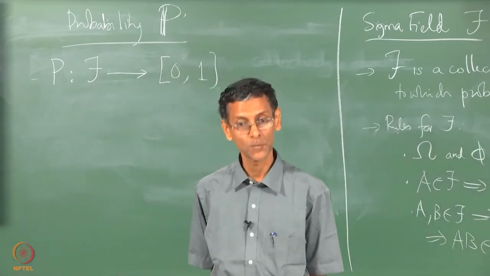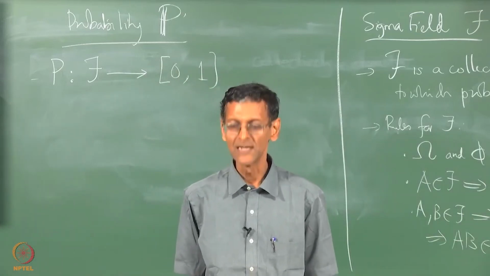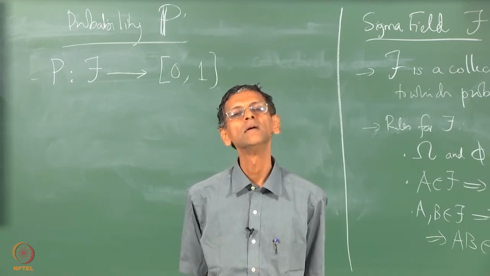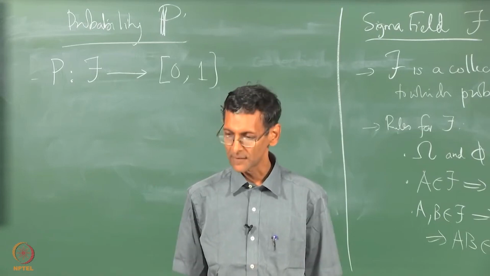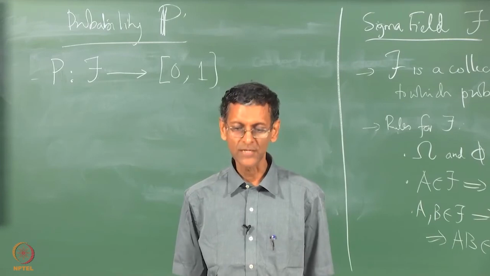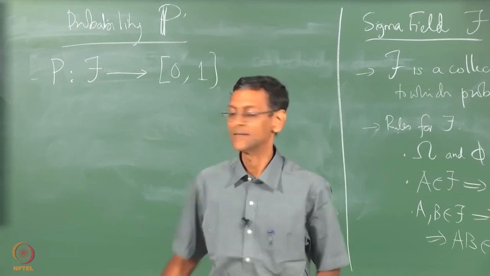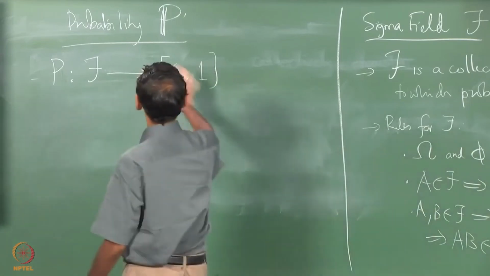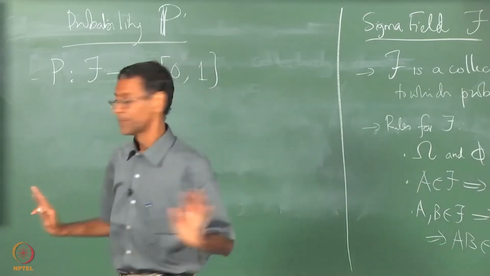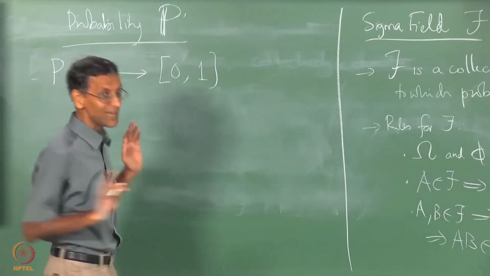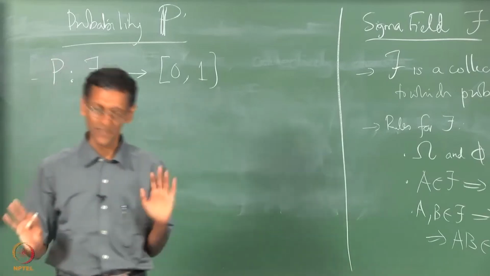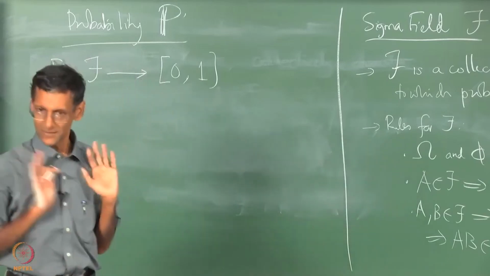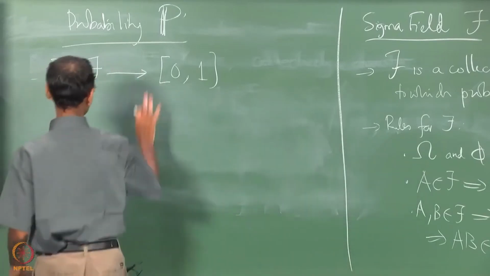So, that is basically probability, stripped of all other esoteric connections. It is just a number at this point. Now, of course, it is a very loaded number, it is not just a simple number, but this is what you have to first understand.